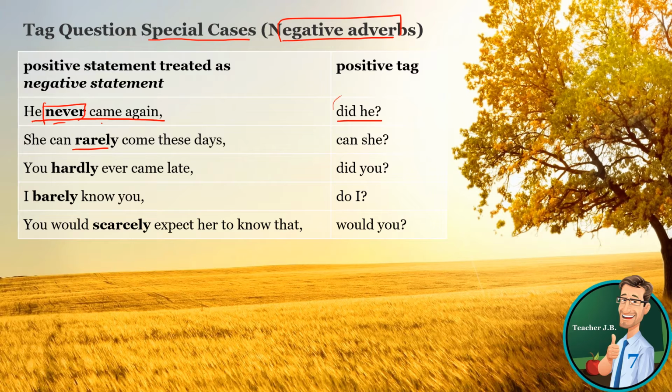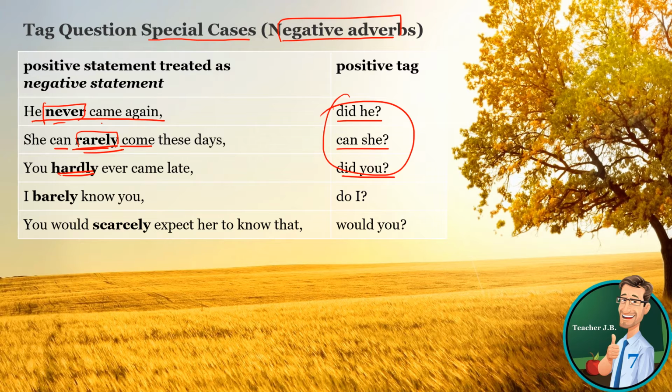Now, rarely is negative as well. Can rarely looks positive, but because of this, it is negative. He can rarely come these days, can he? Hardly is negative, so you hardly ever came late, did you? So you use a positive tag.